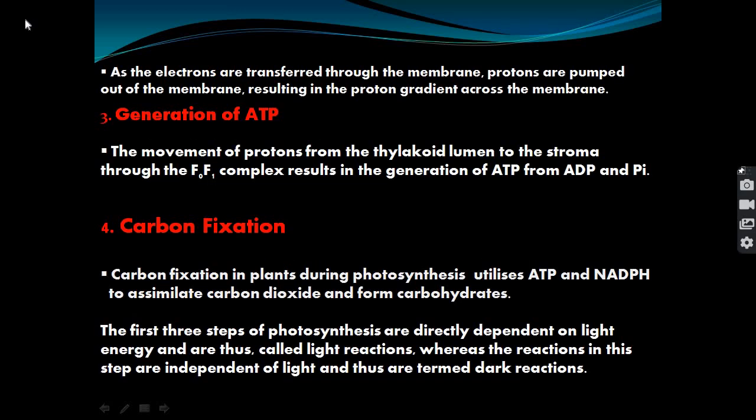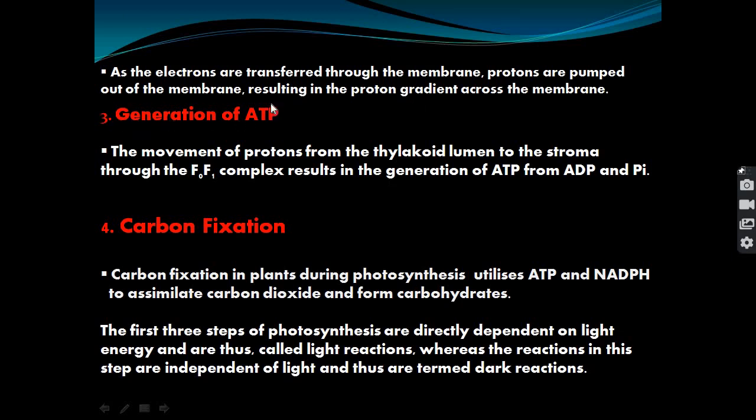During this transfer of electrons through the membrane, protons which are present in the membrane are pumped out of the membrane, resulting in a proton gradient across that membrane. This proton gradient is nothing but a higher concentration of protons outside the inner membrane than inside the membrane, and hence this causes a proton gradient.